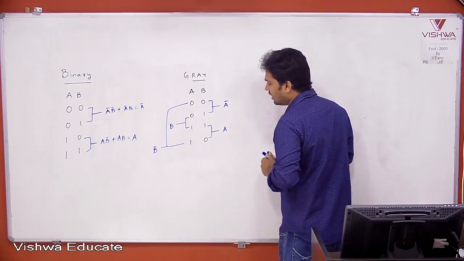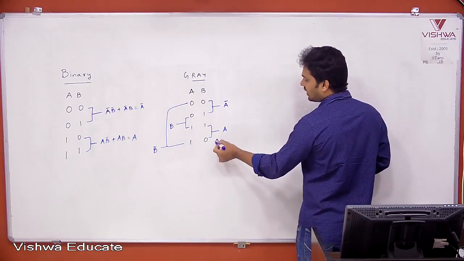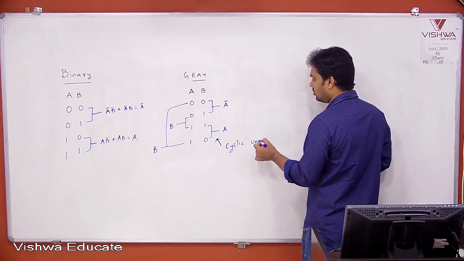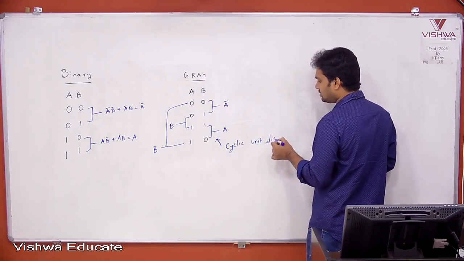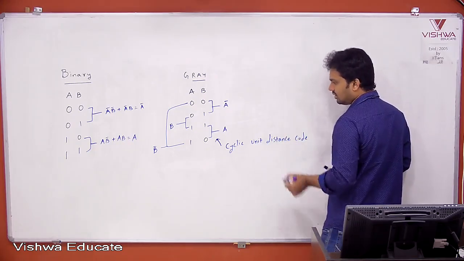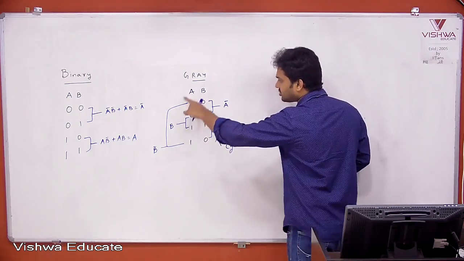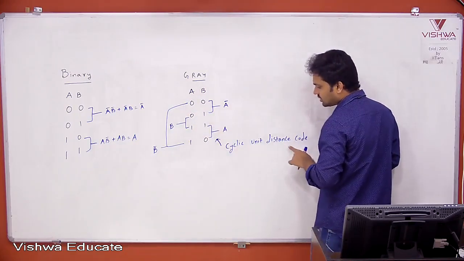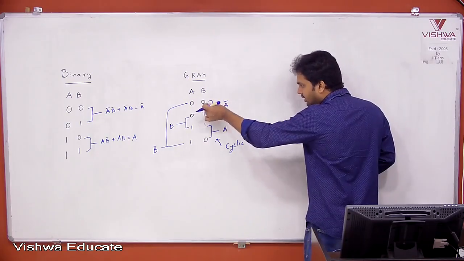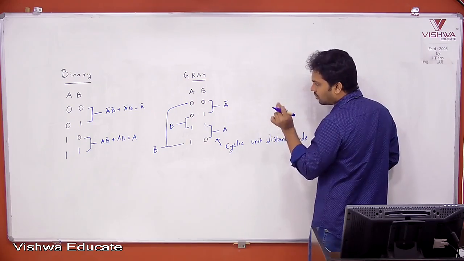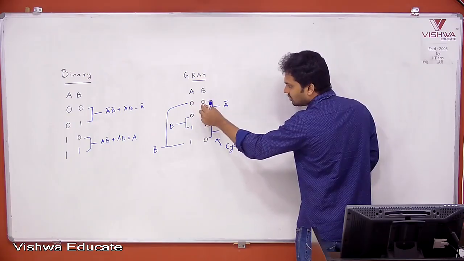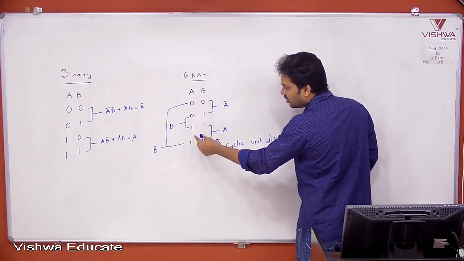This is also called a cyclic unit distance code. Cyclic, because from last to first we have this unit distance property. Cyclic unit distance code, because between any two adjacent numbers we have one bit distance. Distance means only one bit is changing between any two adjacent numbers.